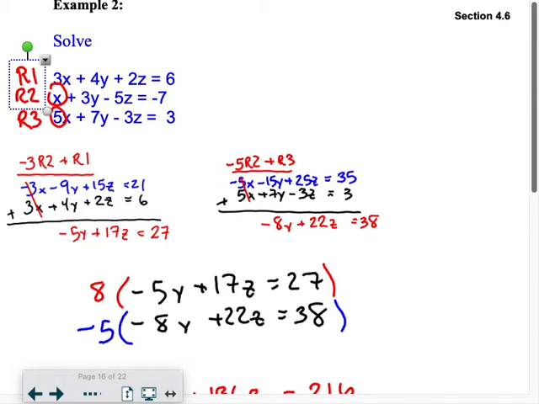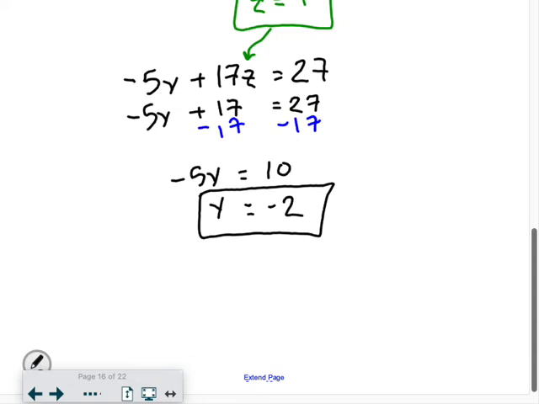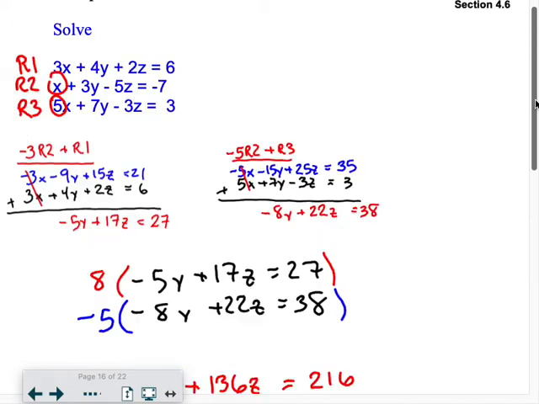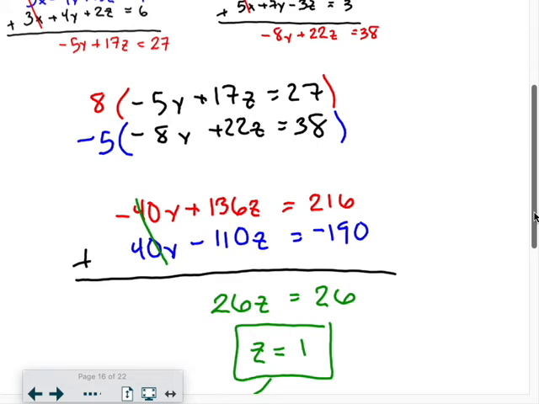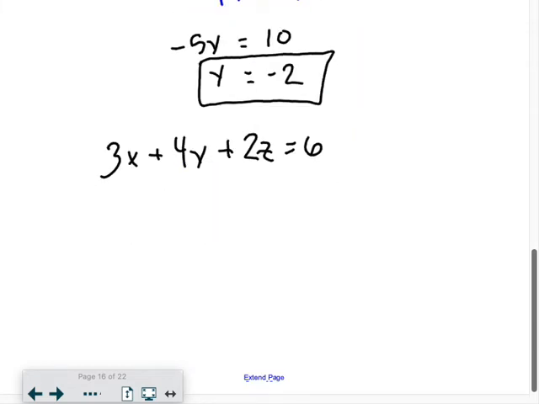So 3x plus 4y plus 2z equals 6. And again, before I do my substitutions, I'm just double checking I wrote it down correctly. 3x plus 4y plus 2z equals 6, and I'm substituting z equals 1 and y equals negative 2, right?